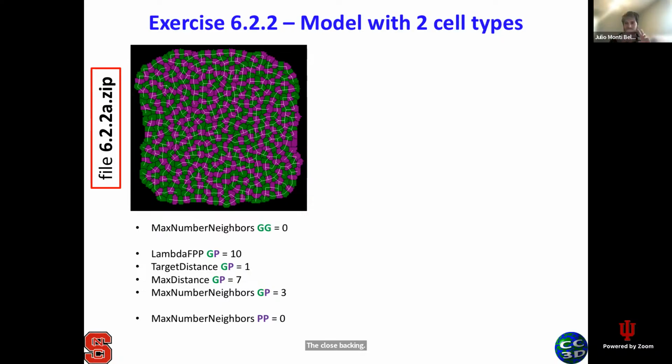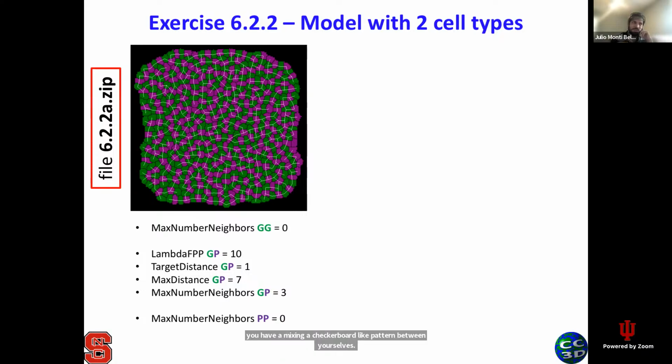If you don't allow to make those 3 of those pairs, then you'll be favoring the mixture of things because you don't want the green cell to be completely surrounded by purple cells and vice versa. So you make some kind of limit here. And again, with this kind of parameters, you should get this kind of outcome where you have a checkerboard-like pattern between your cells.